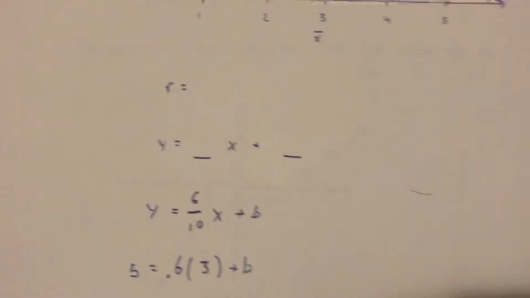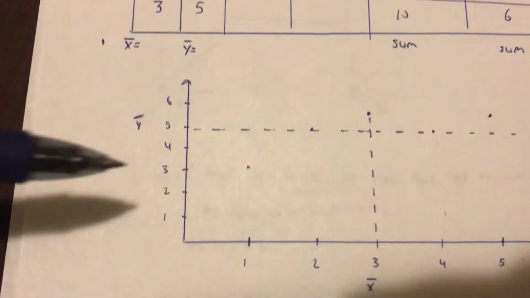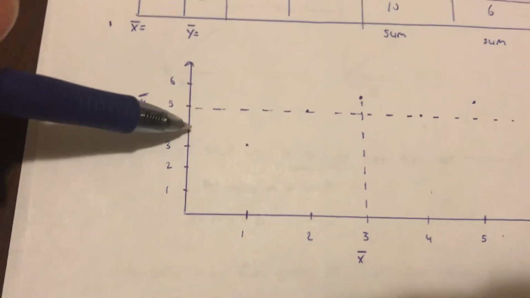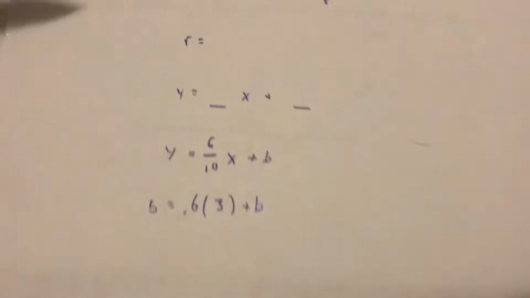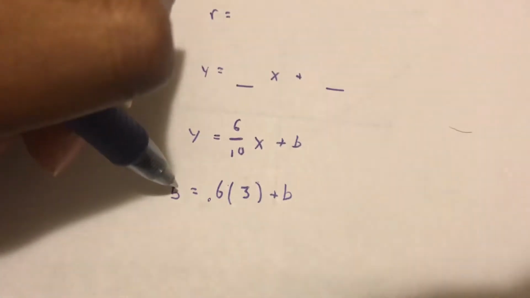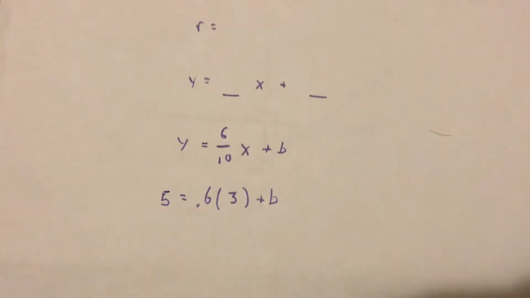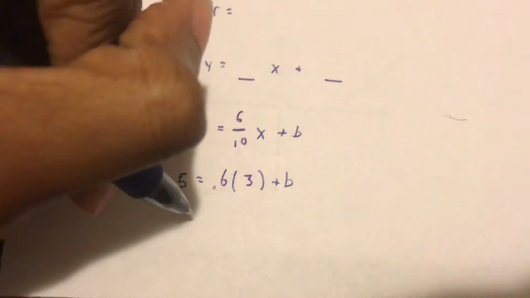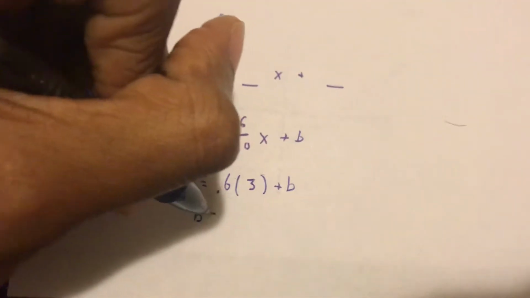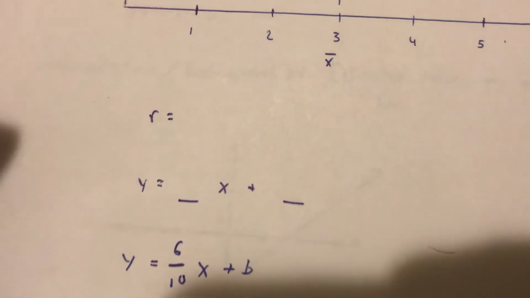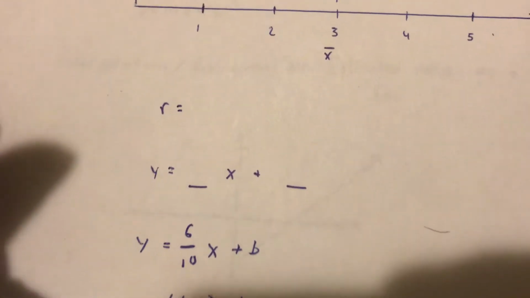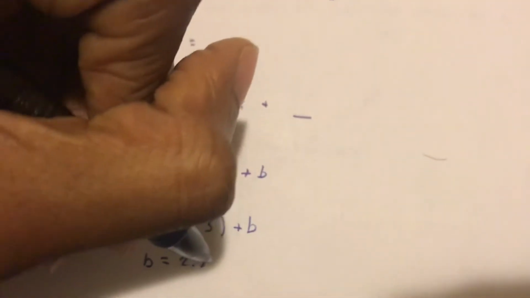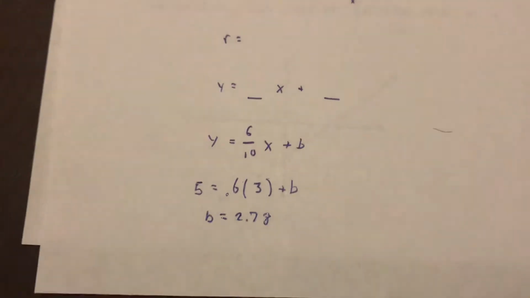Then we can use this to find where the line, the gradient, the line of best fit starts off, the y-intercept. So we fix this 5 and 3 for our y's and x's, and what b will be equal to is, it should be 2.78 if you do the math correctly.